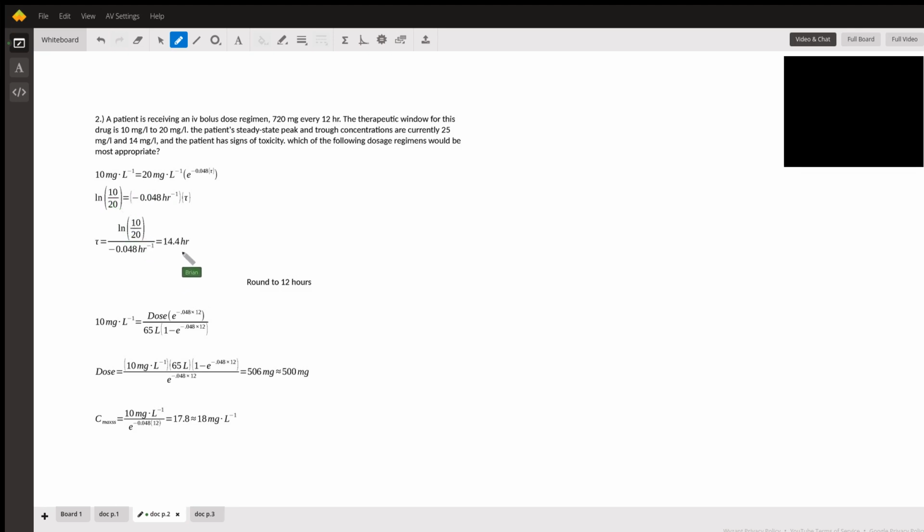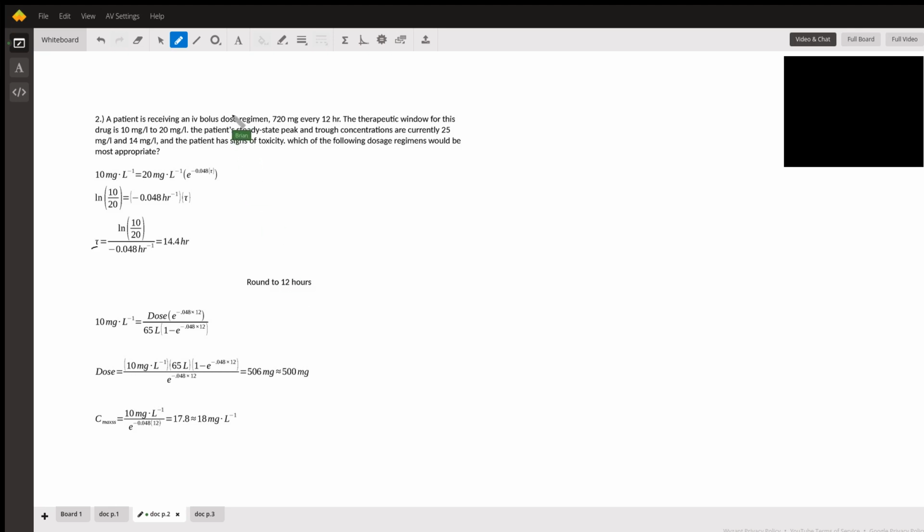When I solve for tau, the dosing interval, I get 14.4 hours. In clinical practice, this would most likely be rounded to 12 hours because drugs are usually given every 4, every 6, every 8, every 12, or every 24 hours.